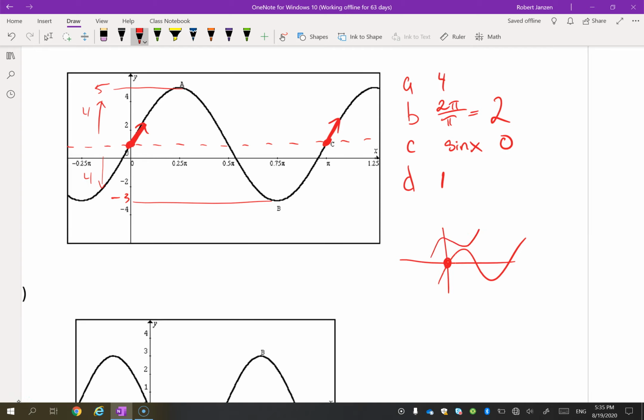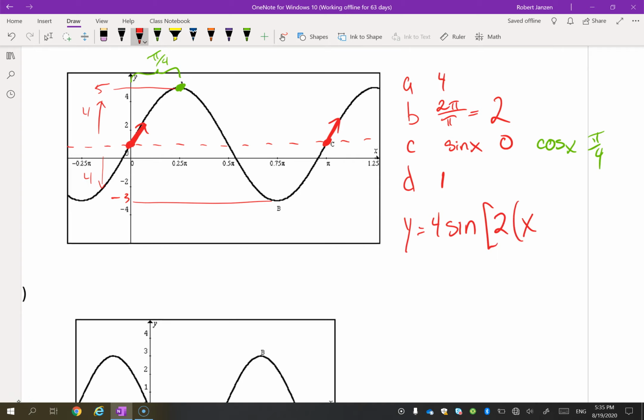Now it can move up without having a phase shift. What is it for cosine? Again, we look at the peak and how far it's moved over from 0. It looks like 0.25 pi, which is pi over 4. So writing my equation, y equals 4 sine, and then my cosine graph.